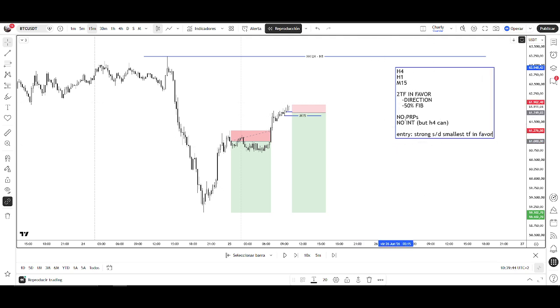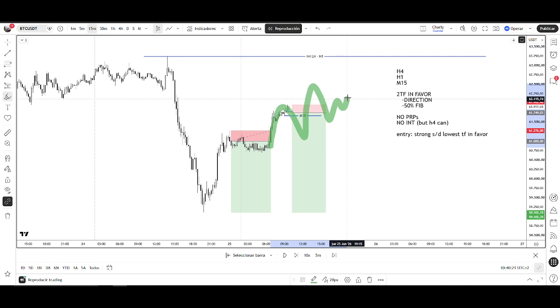If we're looking for sells in M5, and the smallest time frame in favor is the 1 hour, because right now we have 1 hour and 4 hours bearish, we're going to look for the entry to happen on a strong supply of the 1 hour, which in this case correlates with the 4 hours, but sometimes it will not.